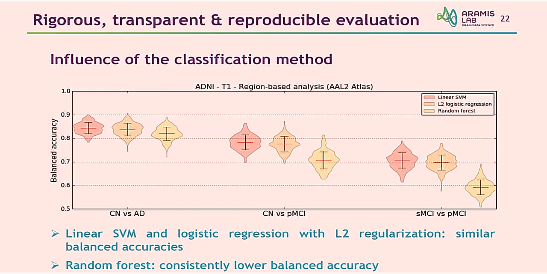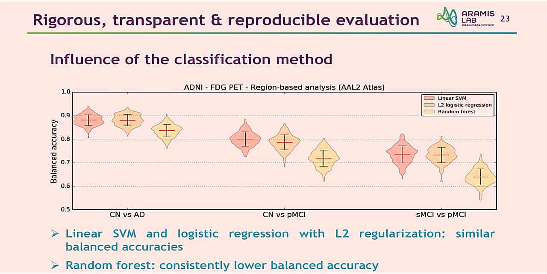And we basically see the same thing when we extract the features from the FDG PET images. We think that the underperformance of the random forests might be caused by the nature of the brain imaging data, which contains relatively homogeneous values and should show a dependence across voxels or brain regions.